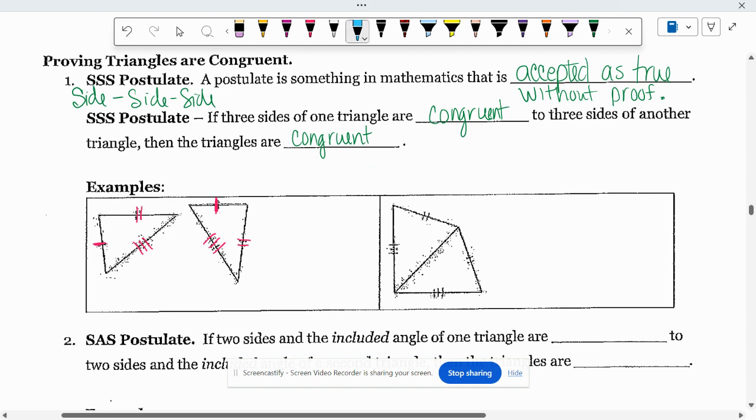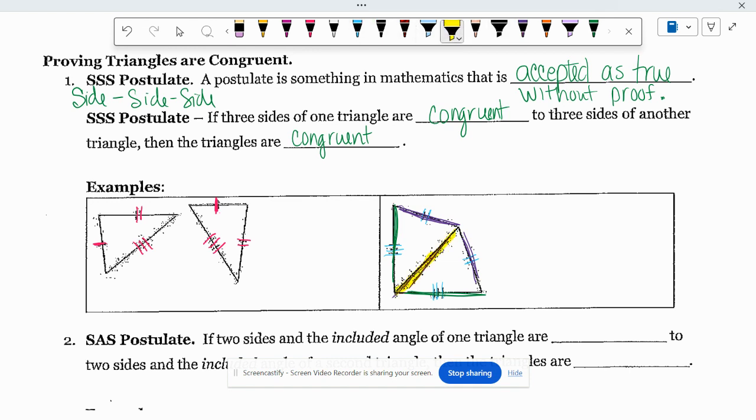This next one isn't as obvious, but this has 2 marks on it, 2 marks. This has 3 congruent marks, 3 congruent marks. And it may help you to color code it. So if I made this purple and this purple and this green and this green, what can you say about that middle line? It's the shared side and it's congruent to itself.